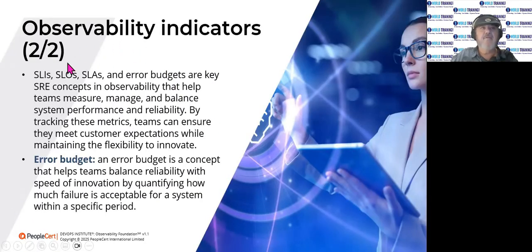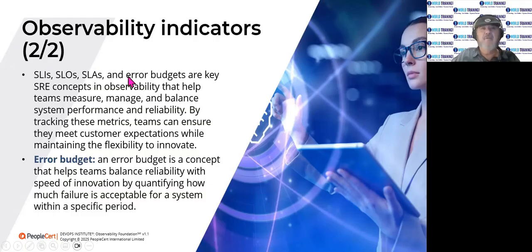Talking about indicators further: SLIs, SLOs, SLAs, and error budgets. Error budget is basically the amount of tolerance you have for errors between your SLO and basically 100%. So you can't really have 100% as an SLO. That's not really feasible.